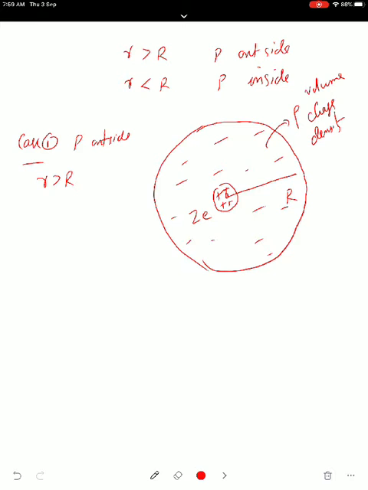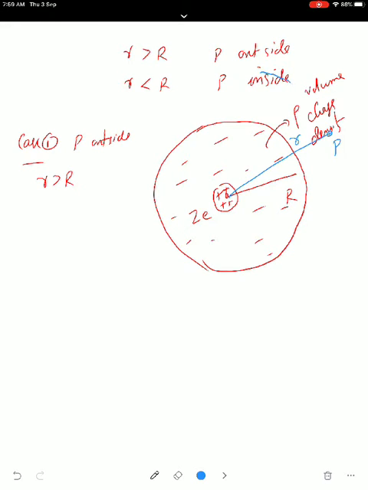To find the electric field, what do we have to consider first? We have to consider a Gaussian surface. So consider point P outside, at a distance small r.